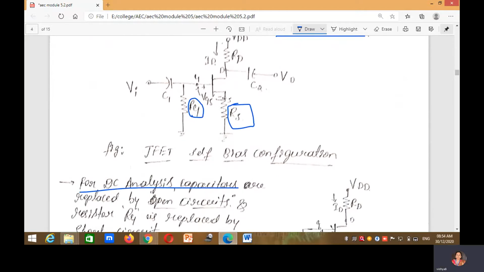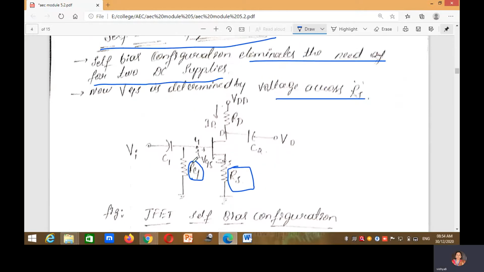For DC analysis of self-bias, we have the capacitors, gate resistance, and here source resistance is also included in self-bias. When you compare with the fixed bias, for fixed bias there are drain resistance and gate resistance. For self-bias, source resistance is also included.